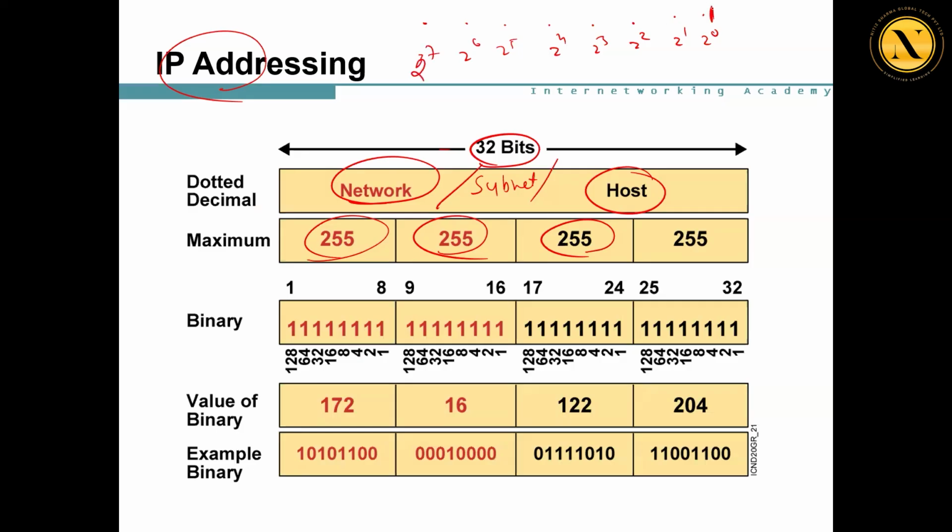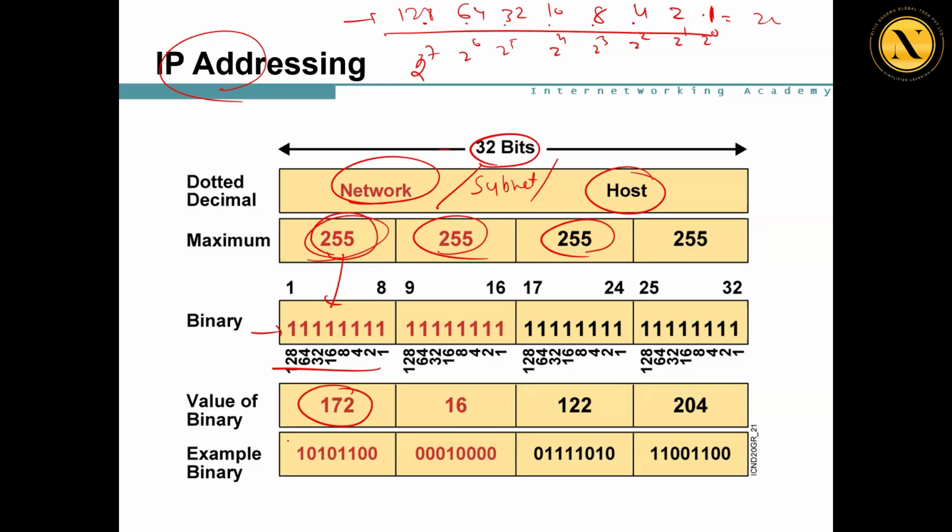So 2 raised to power 0 is 1, 2. Keep on doubling, 4, 8, 16, 32, 64, and 128. If you add all of them, the total will be 255. And 255 decimal, if you convert that in binary, we know what it will be. All ones. I believe nobody has got issues with all these basics.